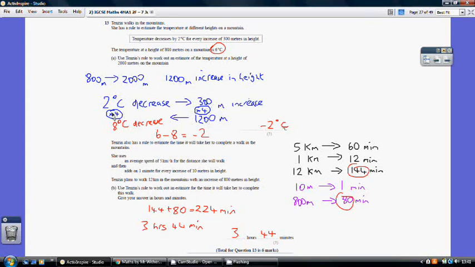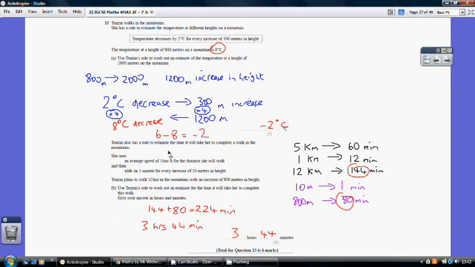So we're going to have a decrease in temperature of 4 lots of 2. So the decrease in temperature is going to be 8 degrees. Well, the temperature at the initial height was 6 degrees. We've got an 8 degree decrease from this. 6 take away 8 take us to minus 2 degrees centigrade.